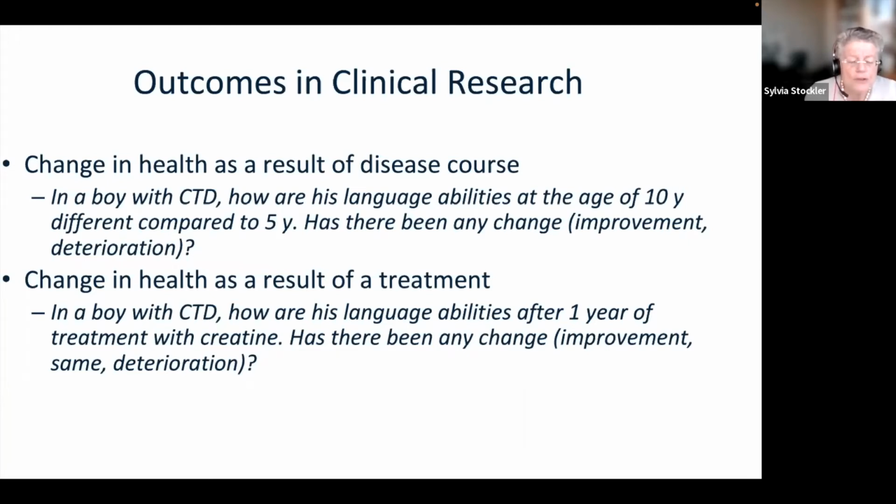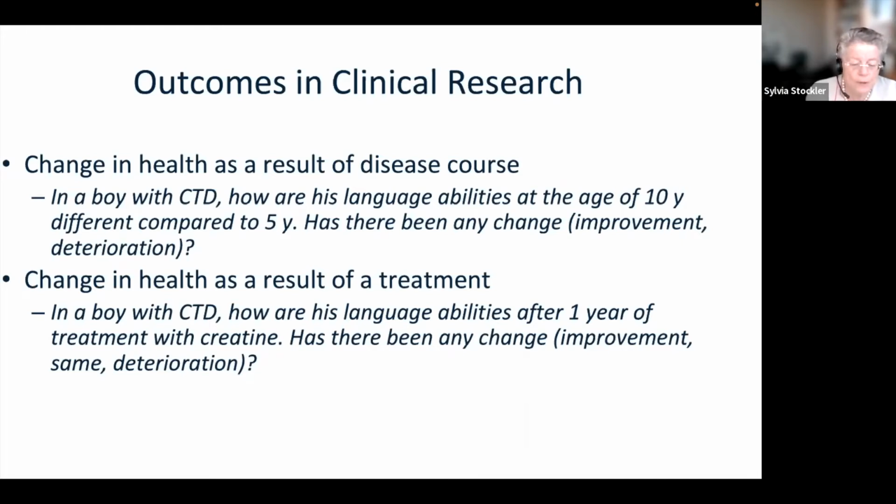In clinical research, outcome is also used to describe changes in health as a result of a treatment. So not only of a clinical course where we're just observing over time what happens with a patient, but where we are also observing what happens with a patient when that patient is on a treatment within a clinical trial, for example. So again, coming back to the boy with creatine transporter deficiency, in this context we would ask, how are his language abilities after 1 year of a treatment, for example, with creatine?